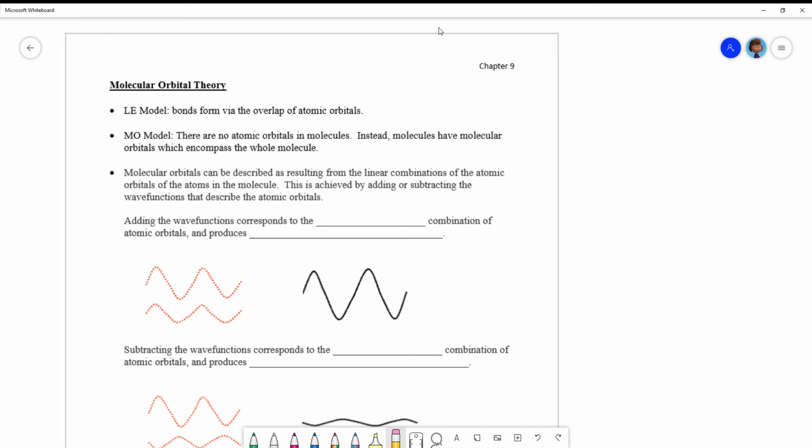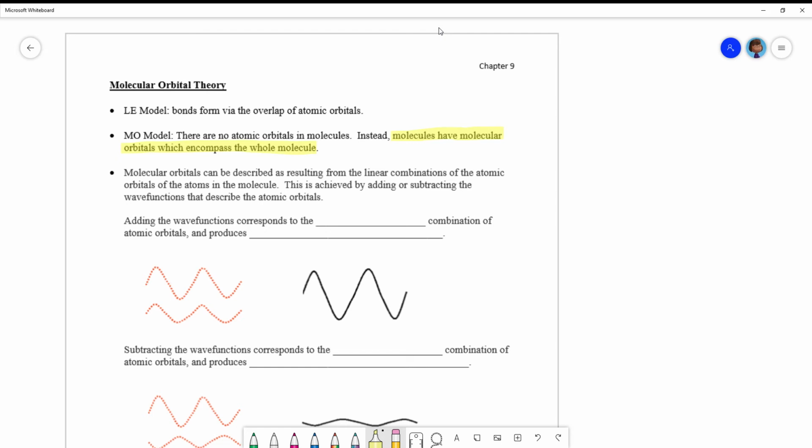And what we find in this model is that molecules don't have atomic orbitals, molecules have molecular orbitals. And these molecular orbitals encompass the entire molecule. So we're not dealing with atomic orbitals at all. Atomic orbitals are for atoms, molecular orbitals are for molecules.